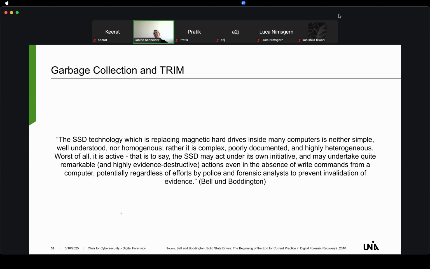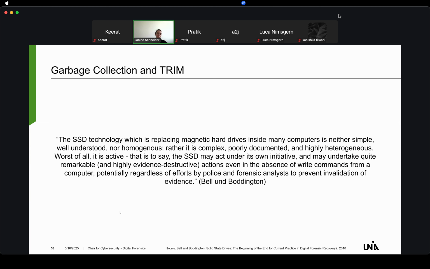So from a forensics perspective, SSDs are quite hard to analyze, especially because manufacturers don't publish everything they do with their SSDs.